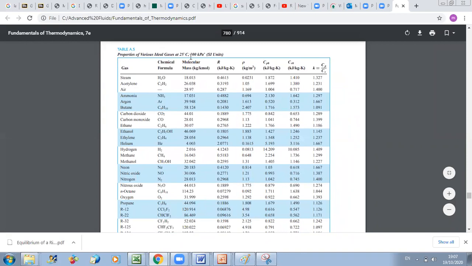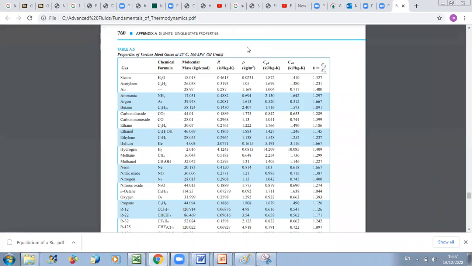So here, if you have a certain ideal gas, pay attention, you should stick to the condition. For example, this table A5 is considering conditions only of 20 degrees and 100 kilopascal. So if you have different conditions in your problem, you cannot use this table. But of course, if the information is not in these tables, I will give you extra information to be able to do the problem.